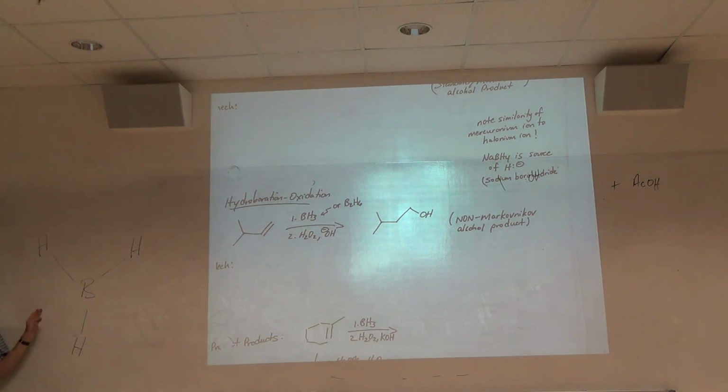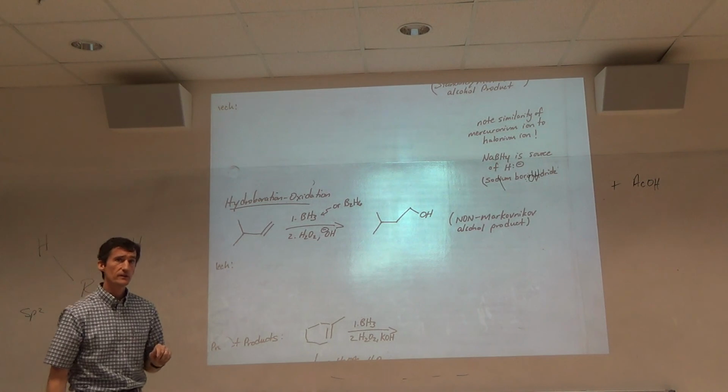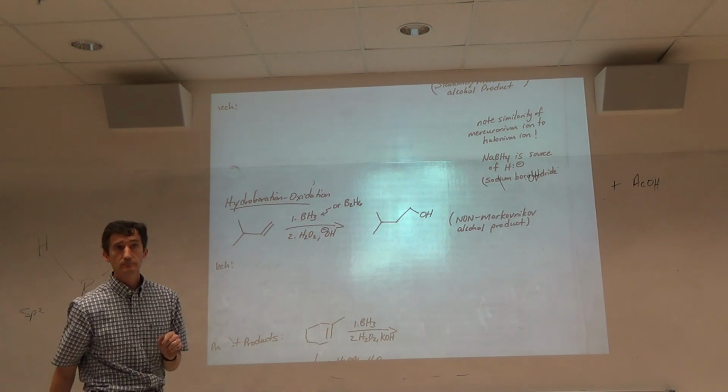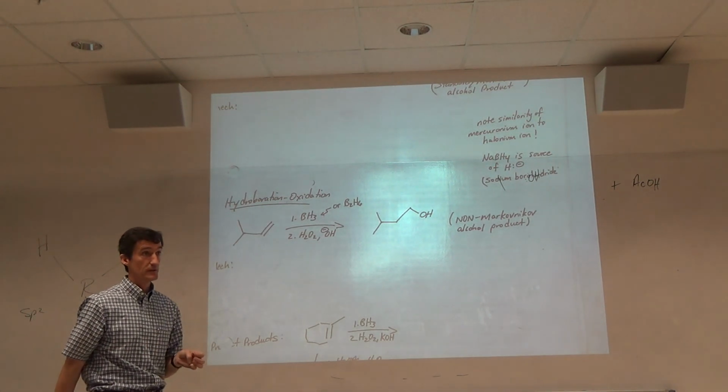It's only got 3 valence electrons. It's using the 3 here. Boron does not have an octet. Here's your BH3. Hybridization is sp2 with a what? An empty p orbital. Since it has an empty p orbital, is it going to be electrophilic or nucleophilic? Like electrons. Give me some electrons.